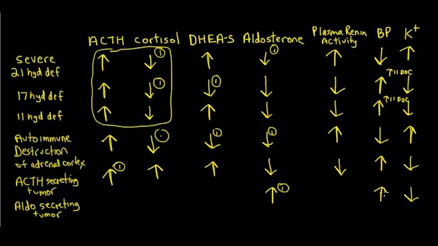Now, the high blood pressure, remember, is going to suppress renin, so that's going to be low, okay, potentially. And that's really what the abnormalities would be here. If you look at what ACTH would be doing, and what cortisol would be doing, and what DHEA sulfate would be doing, these are not going to be certainly suppressed by an increase in blood pressure.